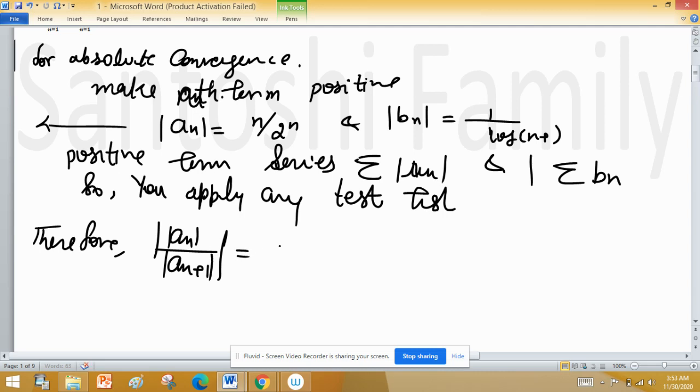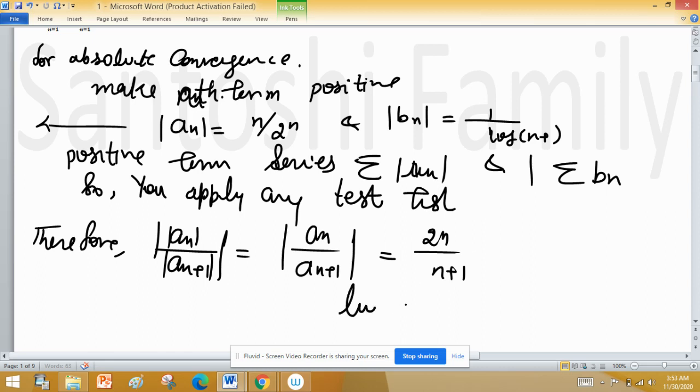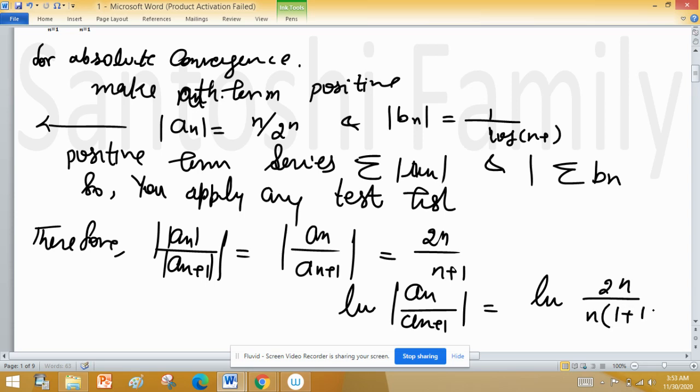And finally, mod of an by an plus 1 equals 2n upon n plus 1, because the other terms will be cancelled out. And limit of mod an divided by an plus 1 equals limit 2 upon 2n and 1 plus 1 upon n, cancel out by n, and it's equal to 2.